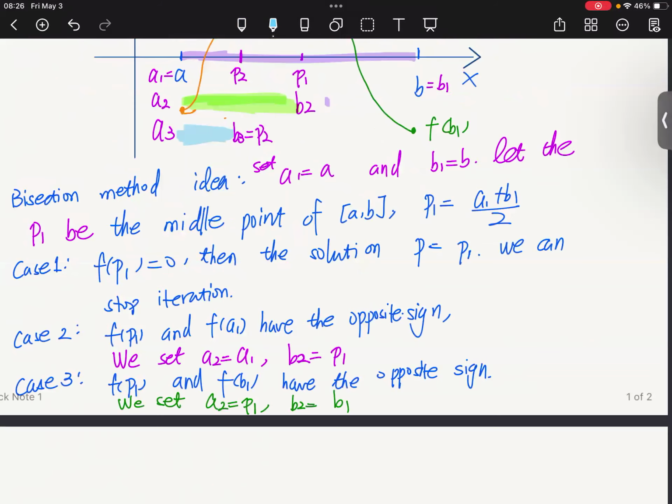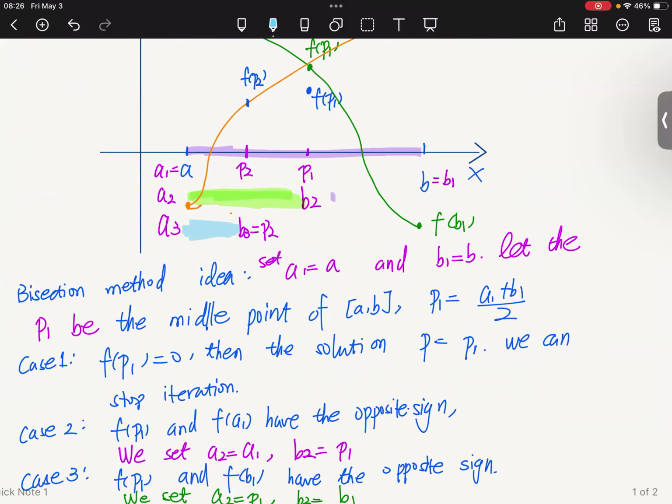You just need one variable to save your left endpoint, another to save your right endpoint, and another to save your middle point, and that's it. Also you need to calculate the f values at the endpoints and middle point. But the storage of numbers is just 3 points: left endpoint, right endpoint, and middle point. So the algorithm in the textbook is quite storage space saving.